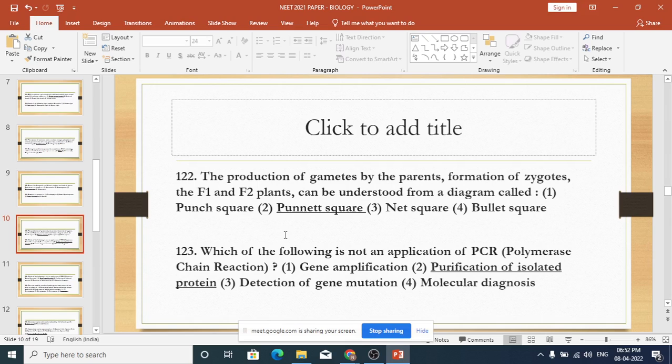So can anybody say something about Punnett square? Anisha, you want to say something about Punnett square, since you have studied somewhere? Sir, that square is used to determine the next generations that are formed by a plant.